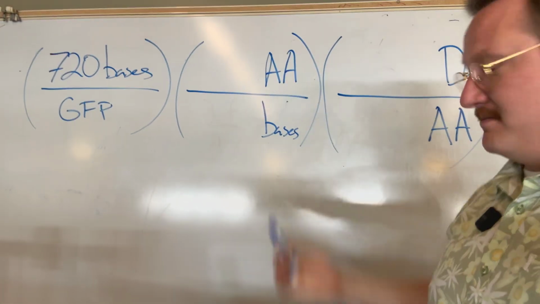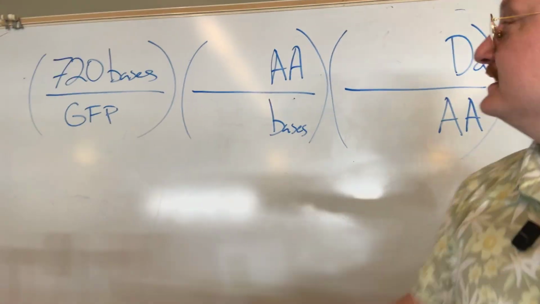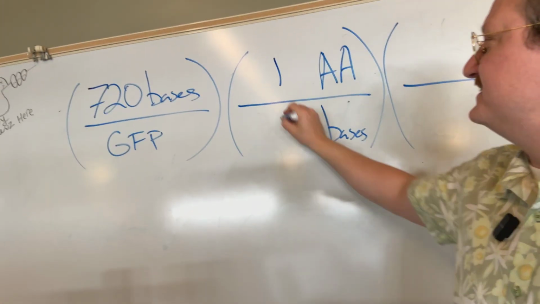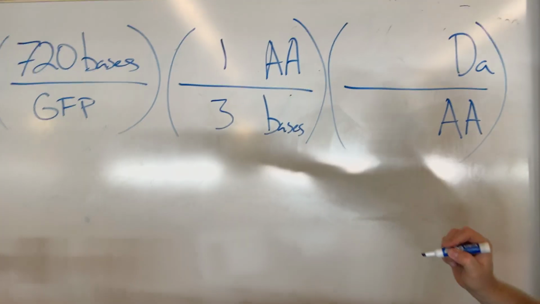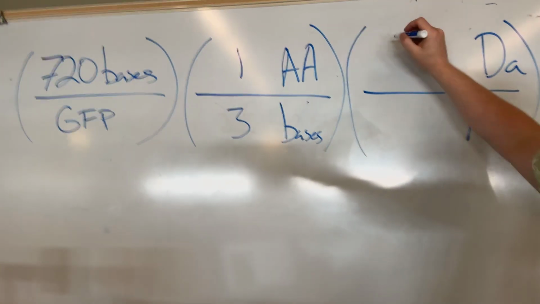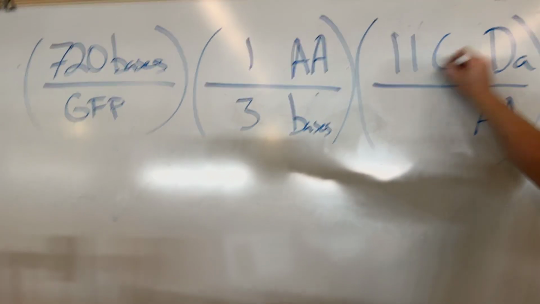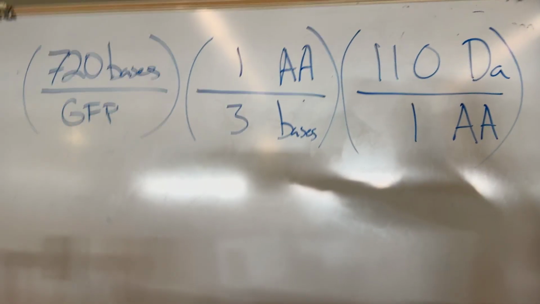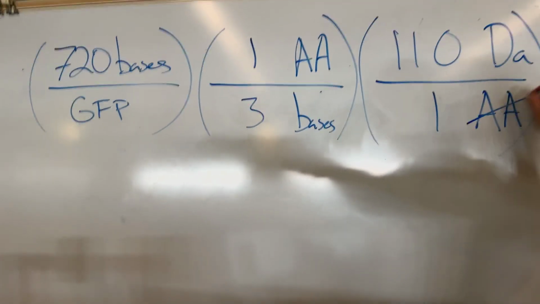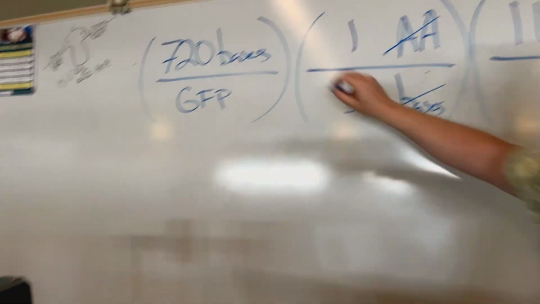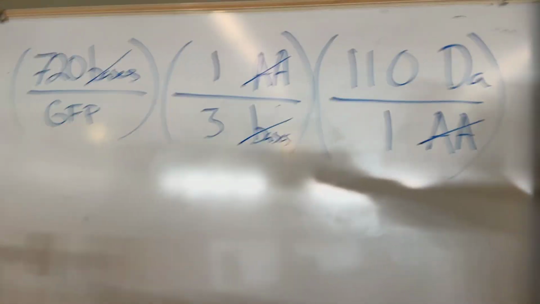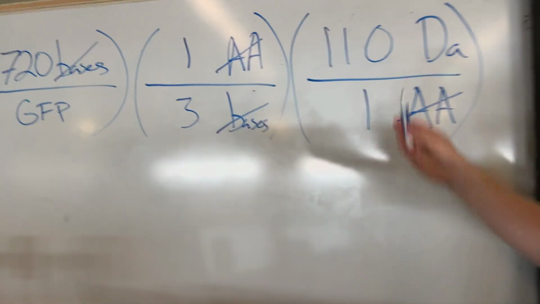I'm also going to know the amino acids per base. There's one amino acid per every 3 bases. And now I know that each amino acid from the slide weighs 110 Daltons per every 1 amino acid. Then my units cancel out. And once I solve this problem, I'm going to get an answer in the units of Daltons per green fluorescent protein.